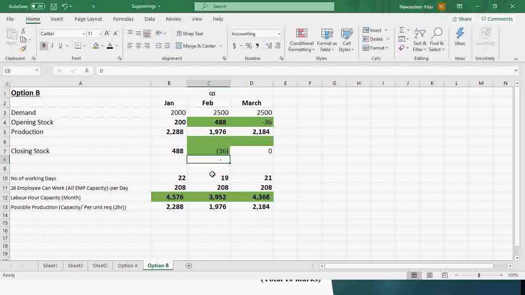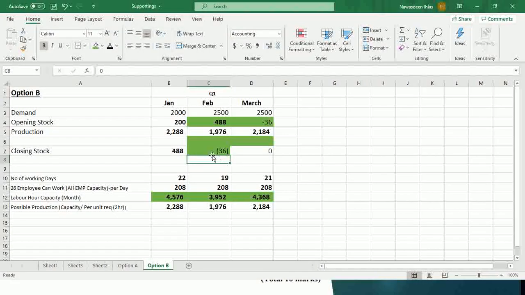We can't take this minus 36 for the next month because it means there's a shortage. We don't have 36 stock with us. It will be 0. There won't be any opening stock from the previous month.